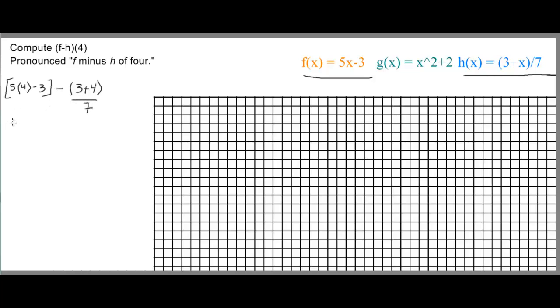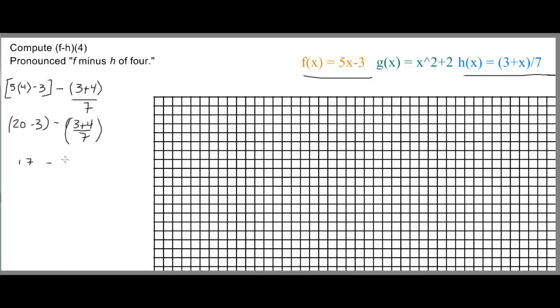So order of operations, do groupings, and so we'll just do the first grouping on the left first. We have 5 times 4 is 20 minus 3, and we'll keep this all together over here. 20 minus 3 is 17.